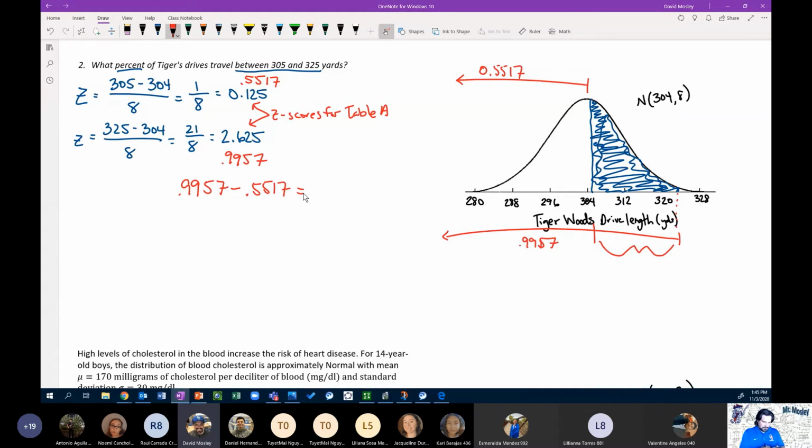And that is 0.444, which is 44.4%. Now, we're perfectly good just stopping here and saying, okay, I found it. We have 44.4%. Excellent. That's the best we can do with the table A that we have.